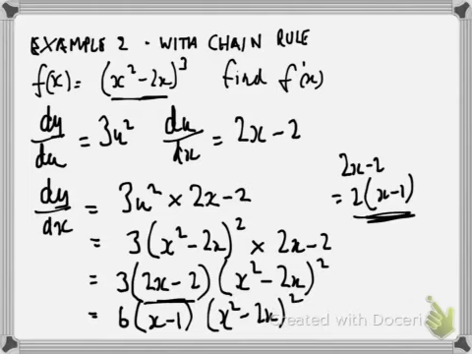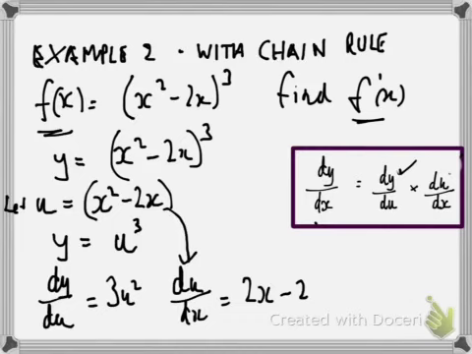So same deal. I made an initial substitution. I let u equal x squared minus 2x. I then substituted for u, so y equals u cubed.